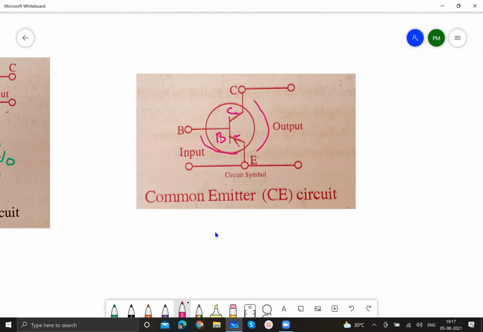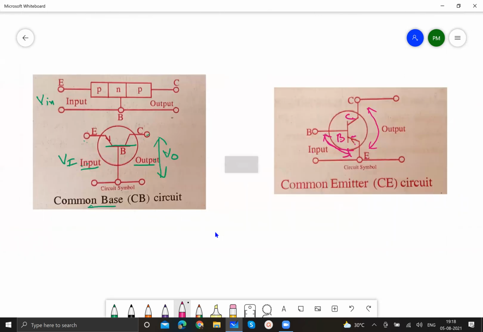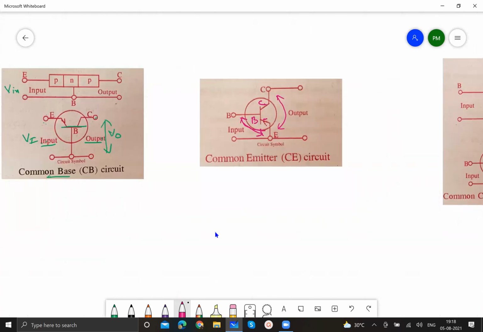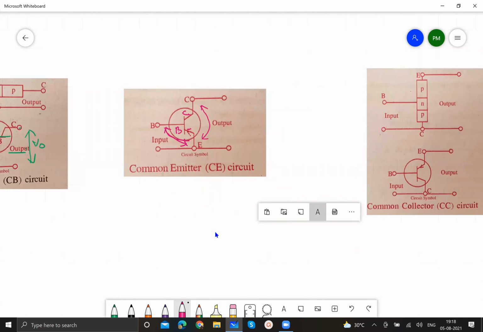Output is applied across emitter and collector. Input is applied across base and emitter. Output is appearing across emitter and collector. Therefore, emitter is common to both input and output circuits. Hence, it is called common emitter configuration.